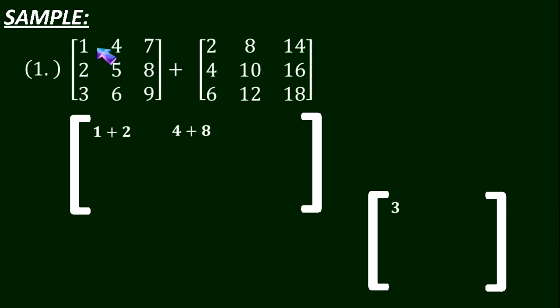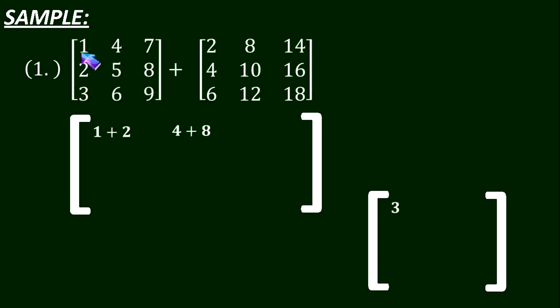So you have to add this first 3 by 3 matrix plus this another 3 by 3 matrix. They have the same size, so you can add the two matrices. In adding or subtracting matrices, you just have to add the corresponding elements.